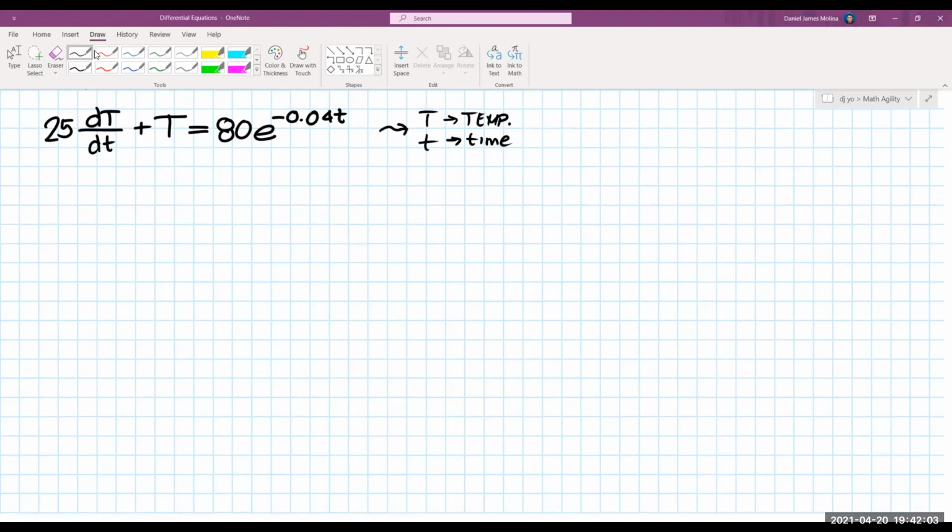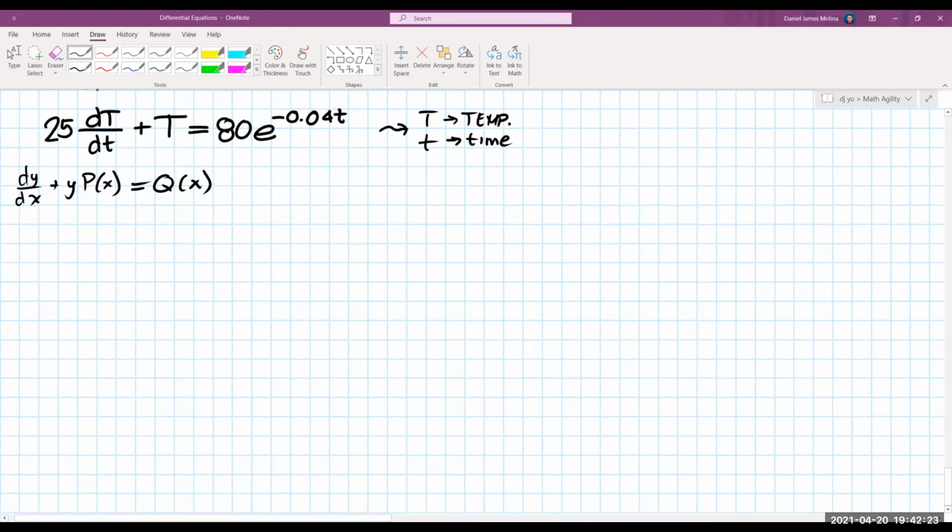So our original differential equation is not yet in the form of a linear ODE, similar to this one. So how will we be able to rewrite the equation in this form?